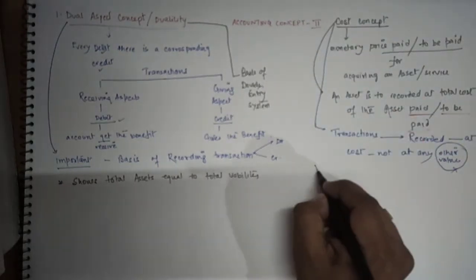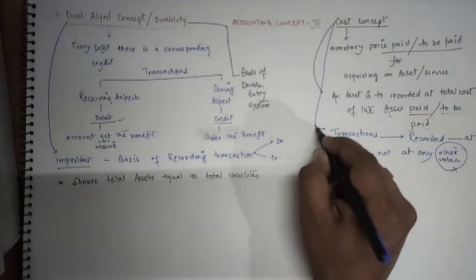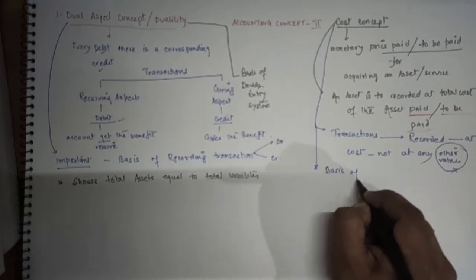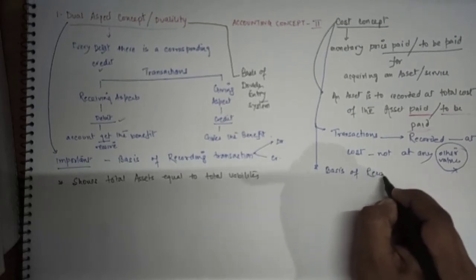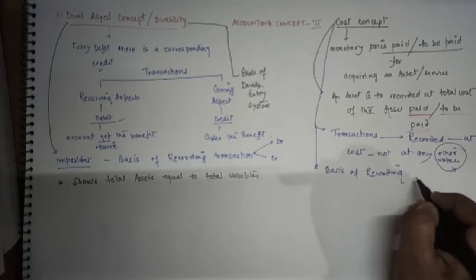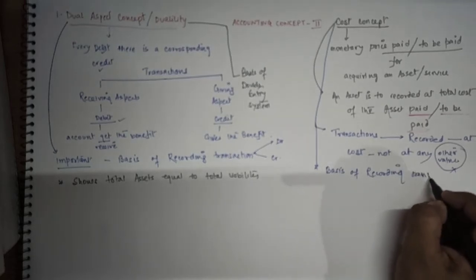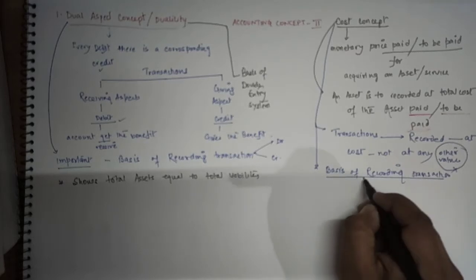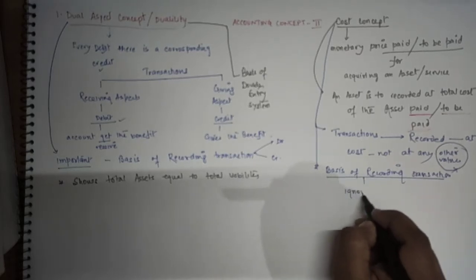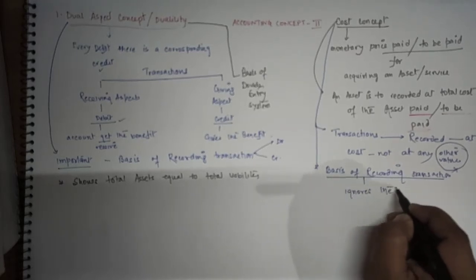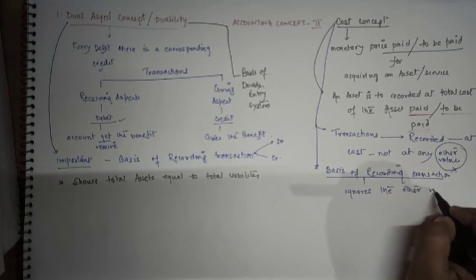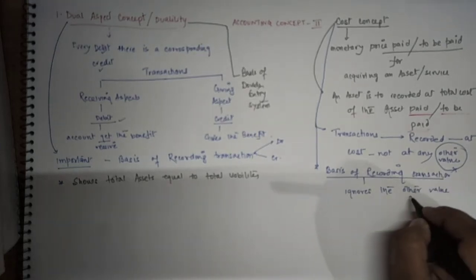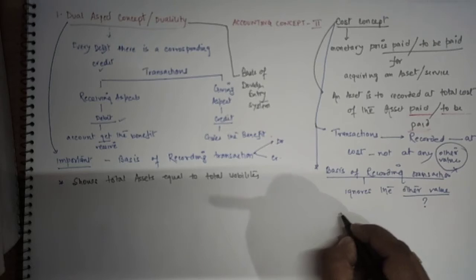The most important aspect of this concept is that it again is a basis of recording transactions. Another important aspect is that it ignores other values. When it ignores other values, what happens?